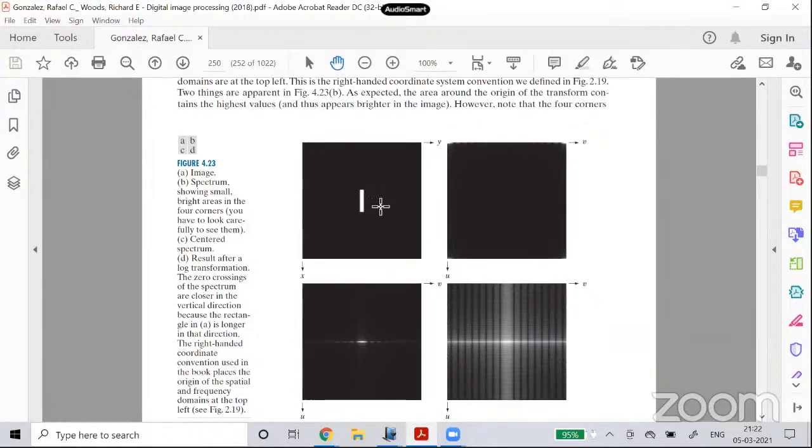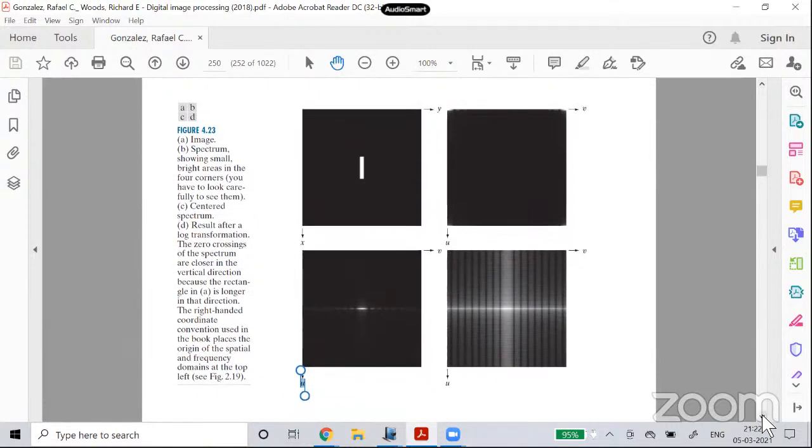If you just apply the Fourier transform, you will get this. With some shifting, you will get this, the origin shifted to the center. And then applying the log function will give you this spread out spectrum. So this is how the spectrum of the original image is obtained here. And what I'm describing to you just now is saying that translation.